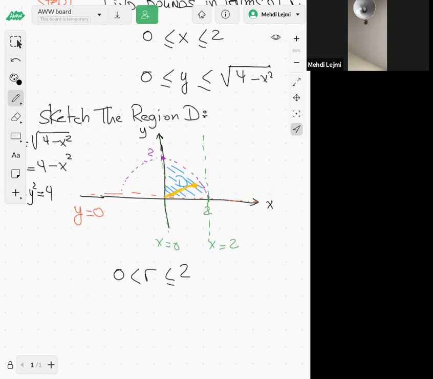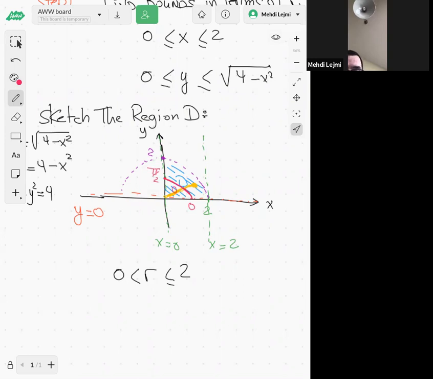Now, the angle theta. Here you have to be careful, because our region D corresponds to just the first quadrant. Your angle theta would normally go from 0 to 2 pi, but for this first quadrant, theta is just from 0 to pi over 2.